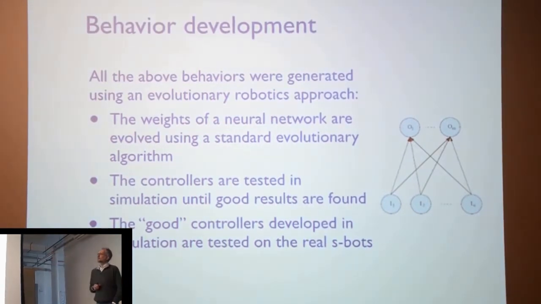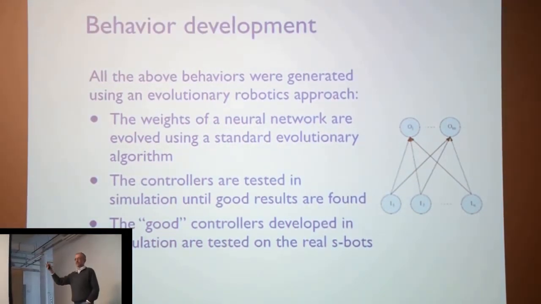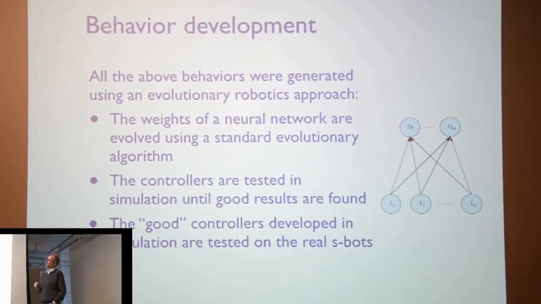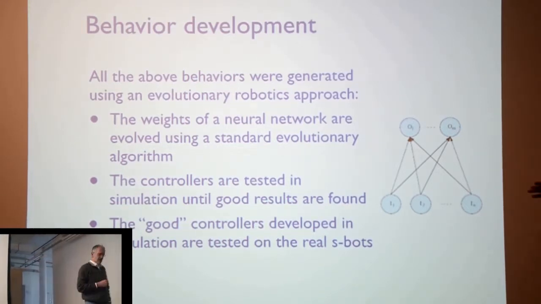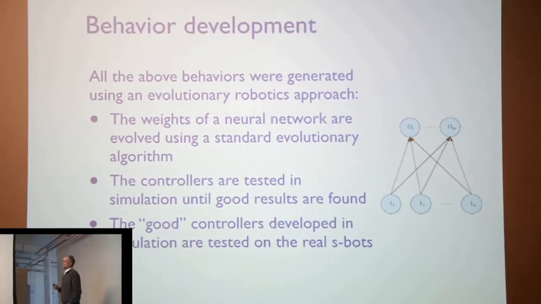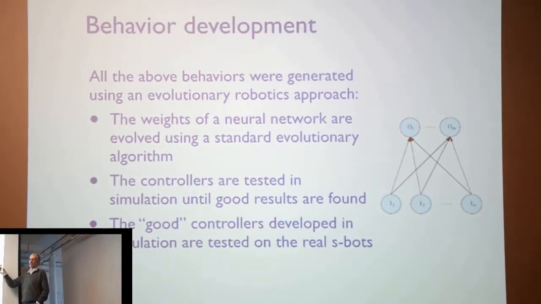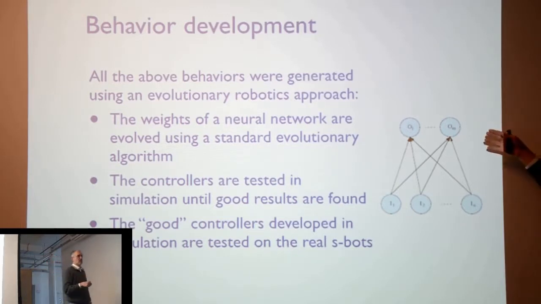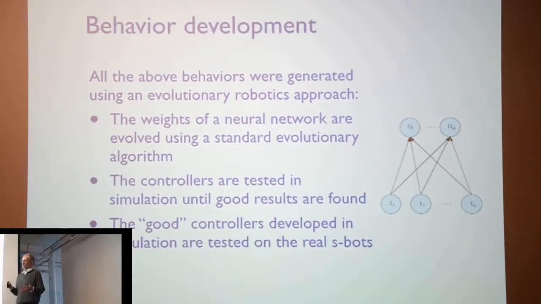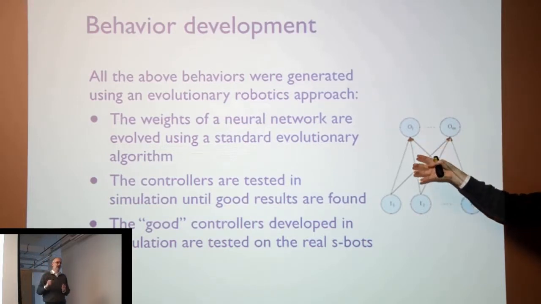The software for the different behaviors has been developed in two different ways: either using a machine learning approach, or by designing the software, the rules. In the case of machine learning, the method used is quite simple. We use neural networks, which are black boxes where you have some inputs and you get some outputs.